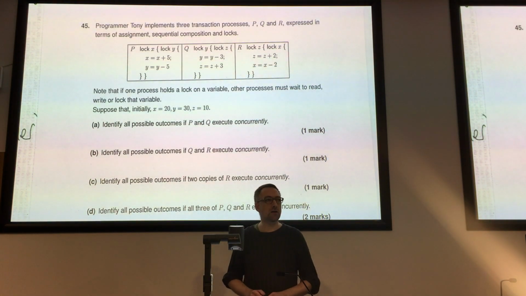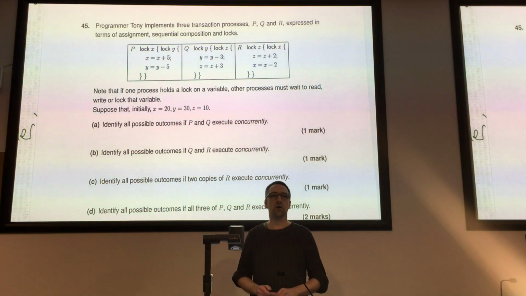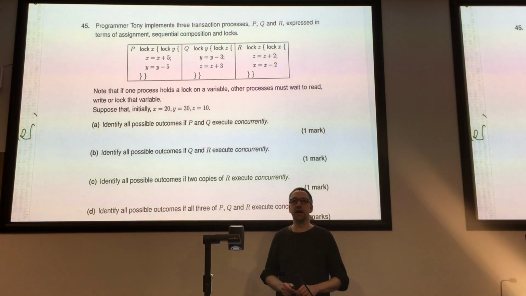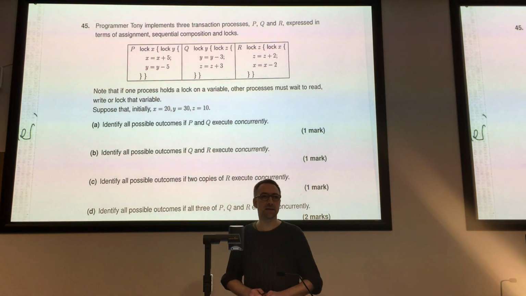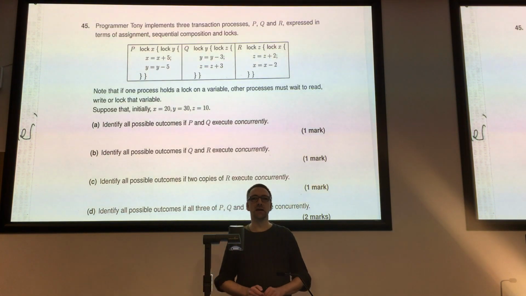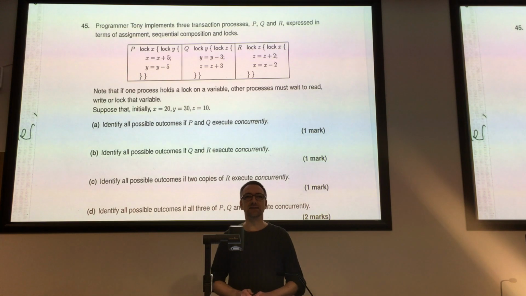If you've got locks round the outside for all the variables which are being changed, what that means is that the transaction is atomic. That's to say, you can treat it as a single action, right?